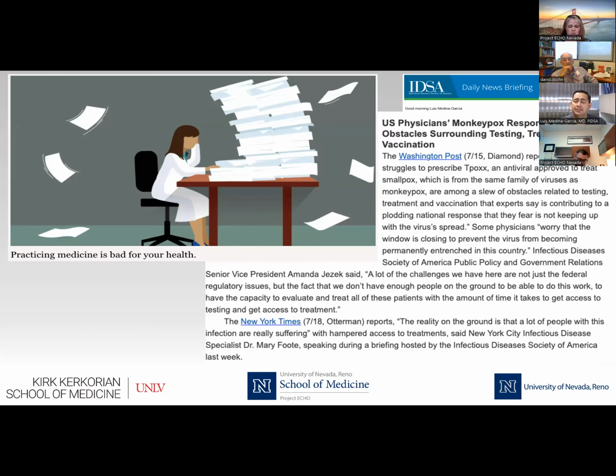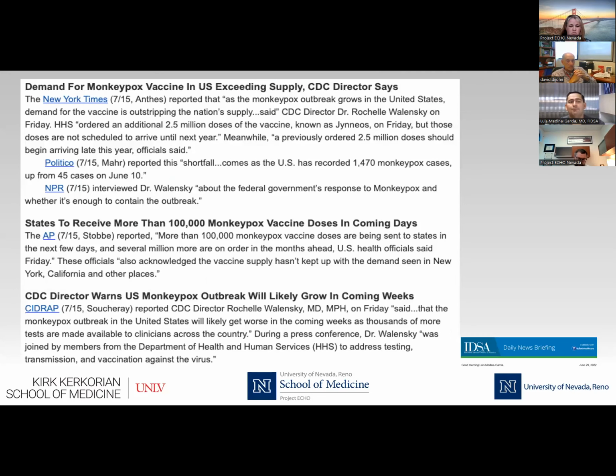And CDC is working diligently with the health departments in each state to streamline this process so that the drug can be more available in a timely fashion and that clinicians don't have to bear that burden of excessive paperwork. So again, more vaccine is coming. The CDC director warns that the monkeypox outbreak will likely grow in the coming weeks.